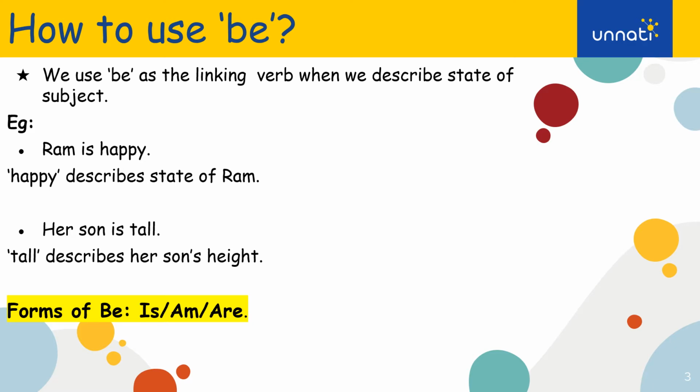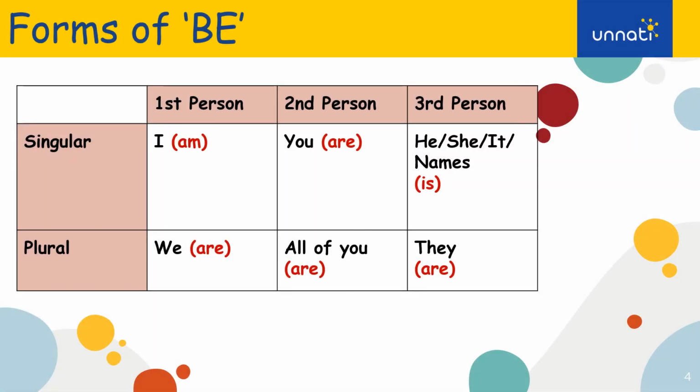Ram is happy. Okay, so we've learned so far that be and its different forms are used as a linking verb in a sentence. So in a sentence, it basically links the subject and its description or status, right?